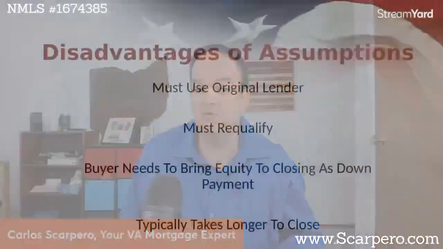So it actually takes longer to close because the lender's like, well, we're getting paid either way. We're going to get our $200 processing fee. Who cares? So yeah, they can do assumptions, but they don't like to do assumptions, and so they will drag their feet to close them, unfortunately. So that's something to keep in mind, and something you definitely need to discuss with your lender to find out what that turn time is going to be. But it's a huge disadvantage you've got to keep in mind for sure.